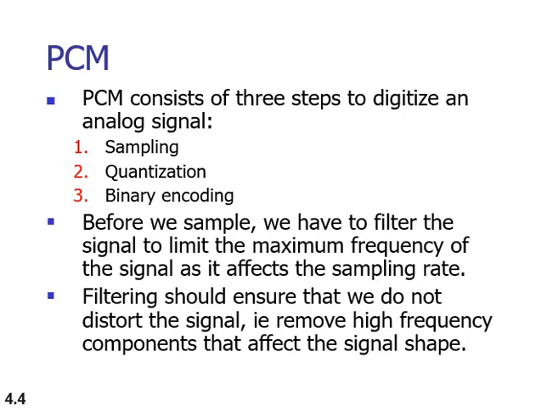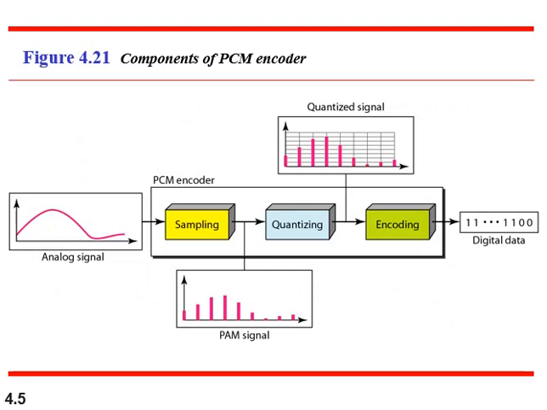So basically in pulse code modulation, when an analog signal is sent to a PCM encoder, it goes through three stages, that is three steps, you can say, like sampling, encoding, and quantizing.